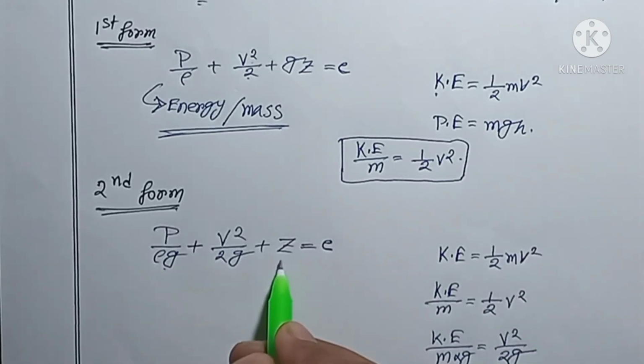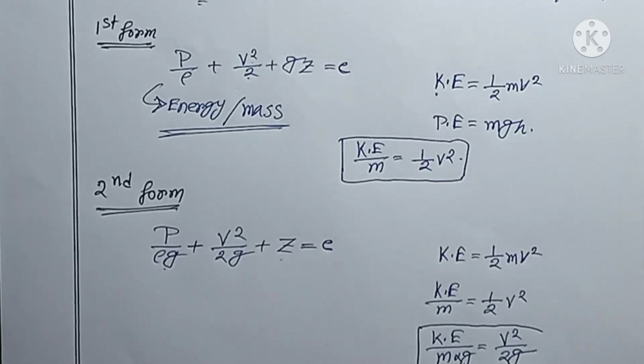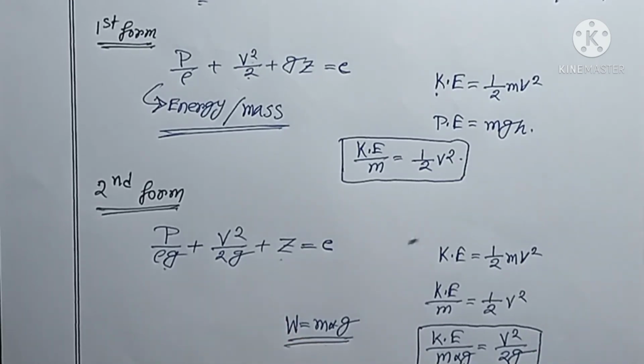Similarly, you can check the other terms. Mass into gravitational acceleration g is basically weight, as we know weight is equal to m into g. So you can say this is the form of Bernoulli's equation in terms of per unit weight.